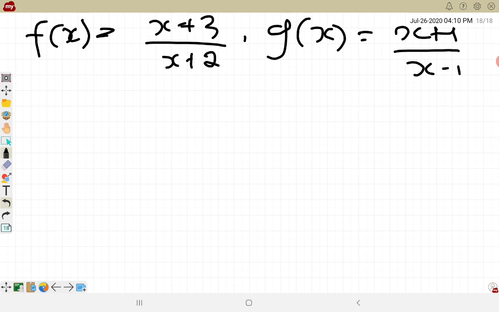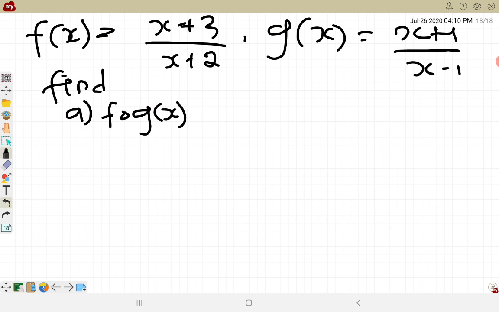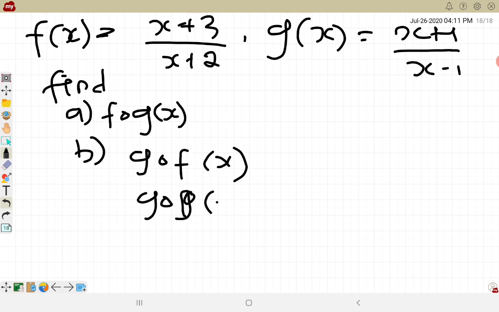Okay, let us find the following. Find A, f composition g of x. B, g composition f of x. And C, g composition g of x.